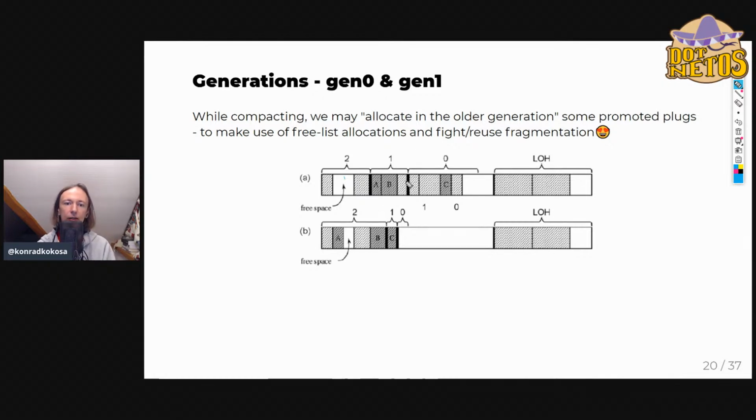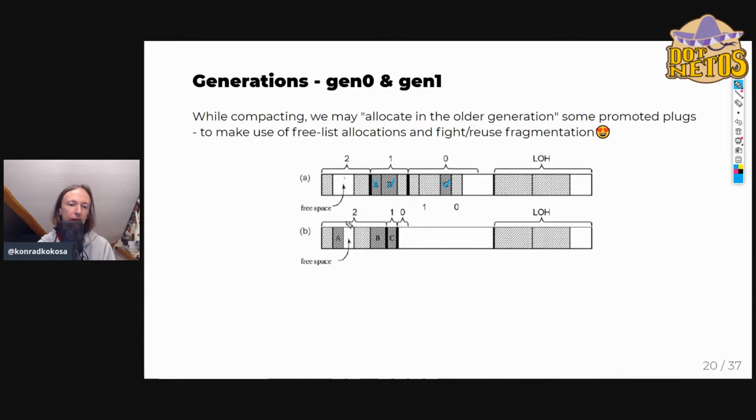So in this scenario, when we are doing Gen 1 GC, we have discovered that those three objects should be promoted and should survive. So we are compacting, so we are now in this possibility that we can move objects. So we can, for example, find a gap for an object A inside the older generation.